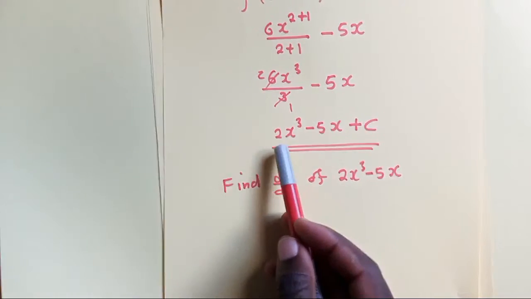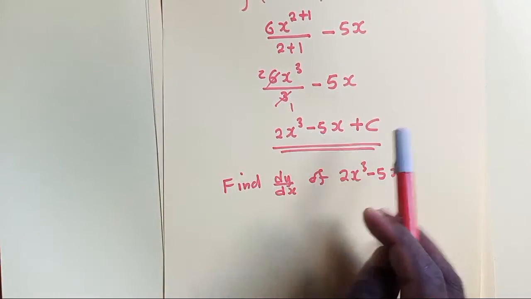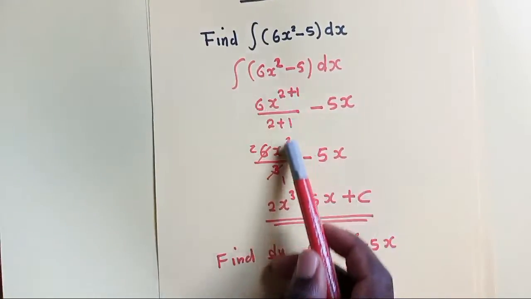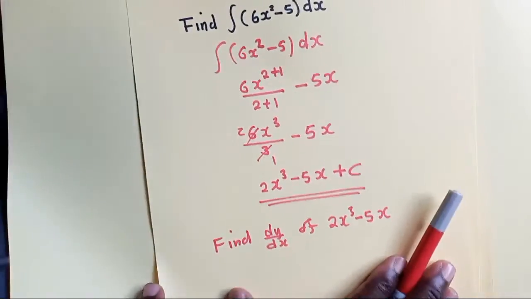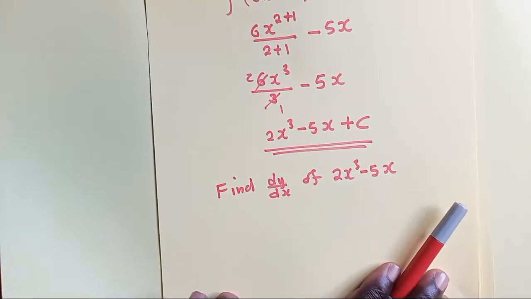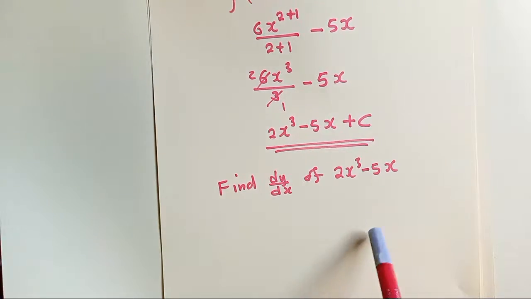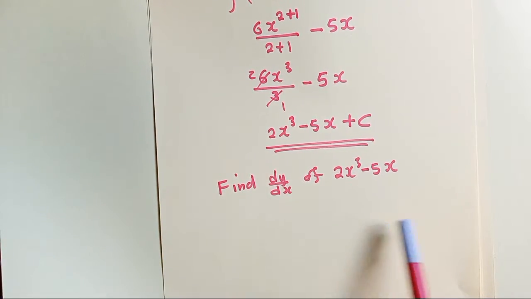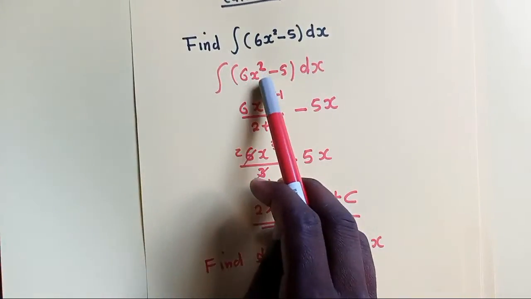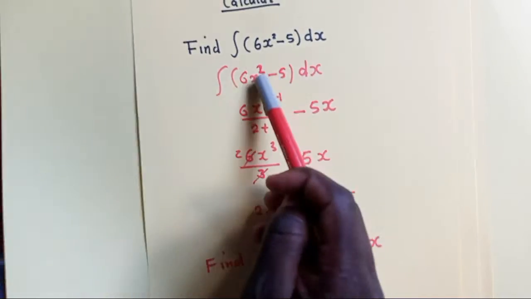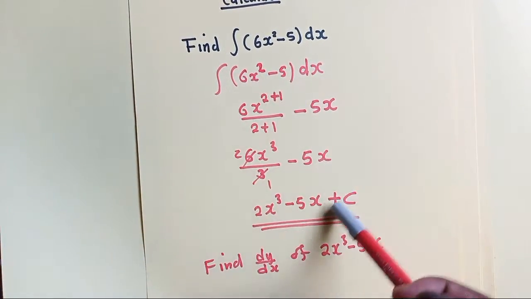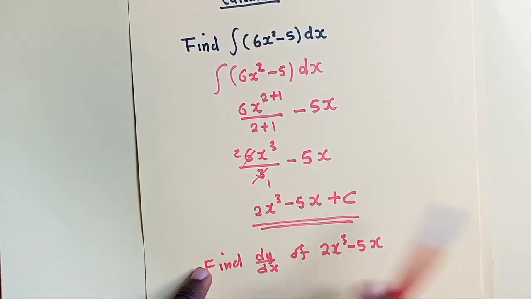When we were integrating, we found this answer. Now I want to show you that differentiation is the opposite of integration. When we differentiate this, it will take us back to this. When we integrate this, it will bring us back to this answer right here.